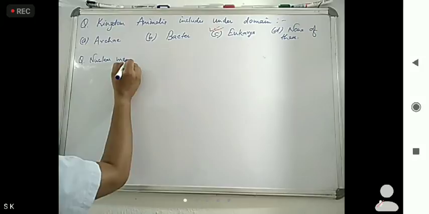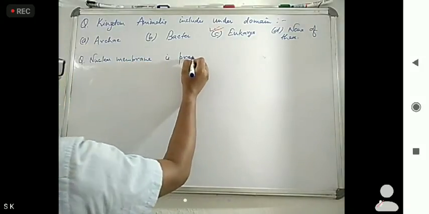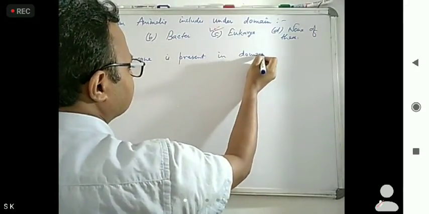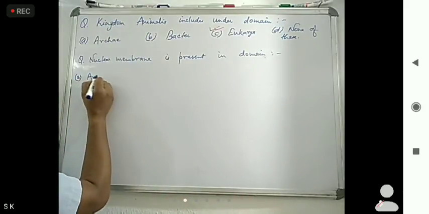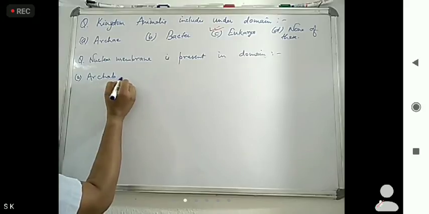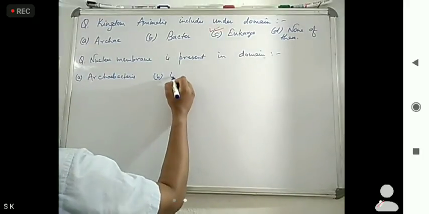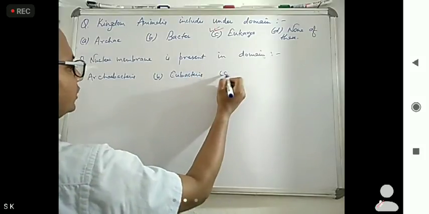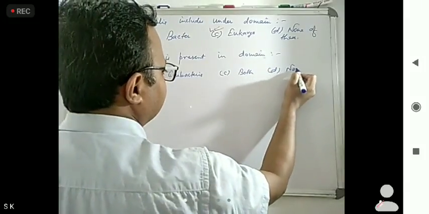Now next question is, nuclear membrane is present in domain. Options are the same. One is Archaebacteria, one is Eubacteria, one is both, and one is none of these.